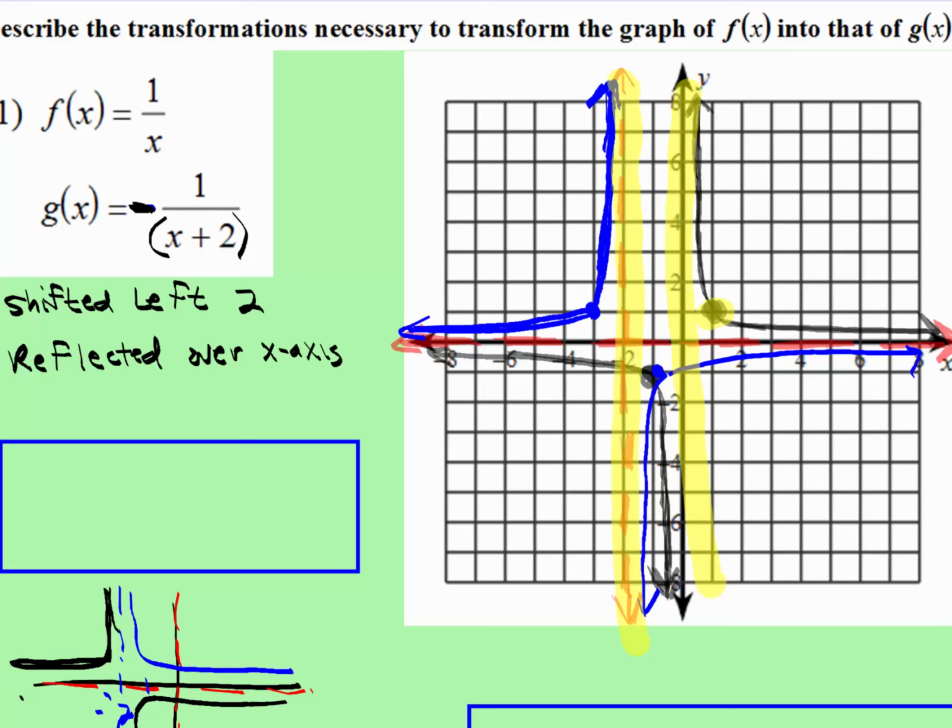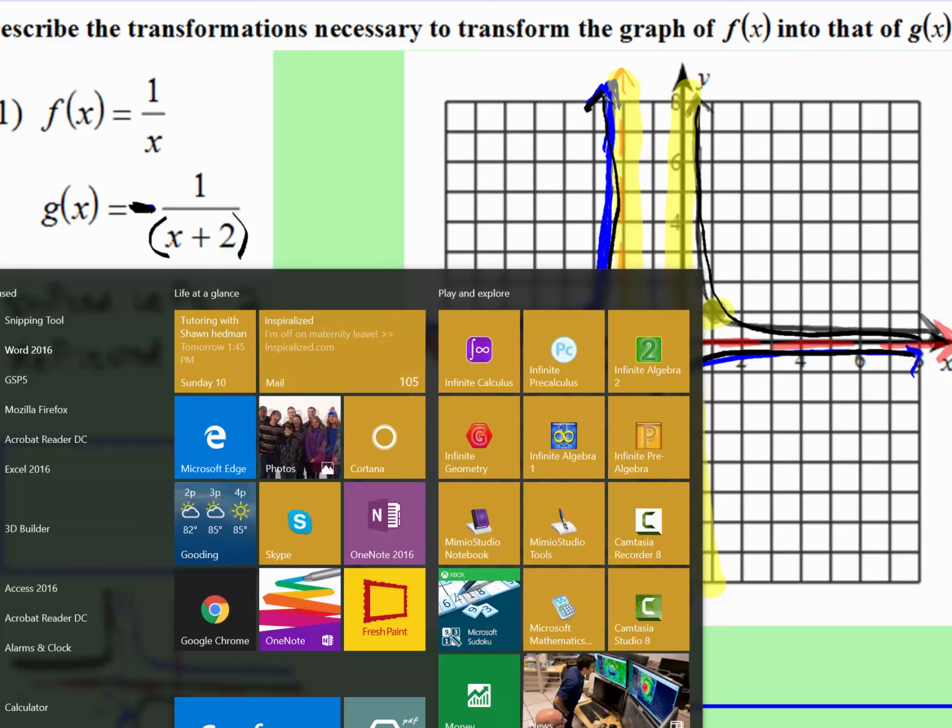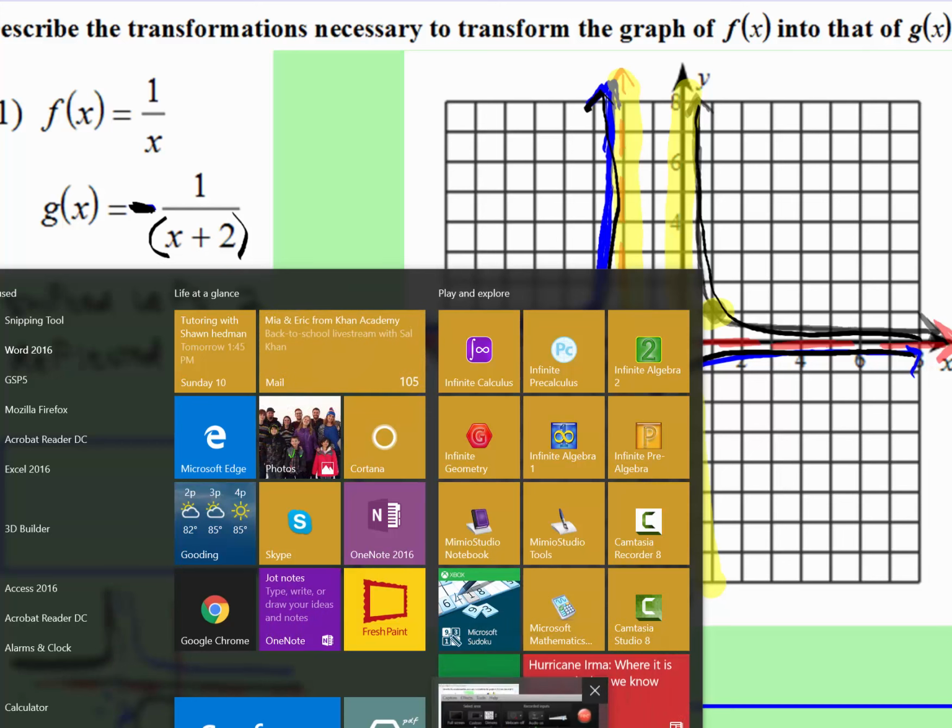And then this graph right here got reflected. So it was shifted over 2, and then it got reflected. And then this graph that was here also got reflected over the x-axis. All right, that is just a quick reminder of how you do the parent graph transformations. That's it.